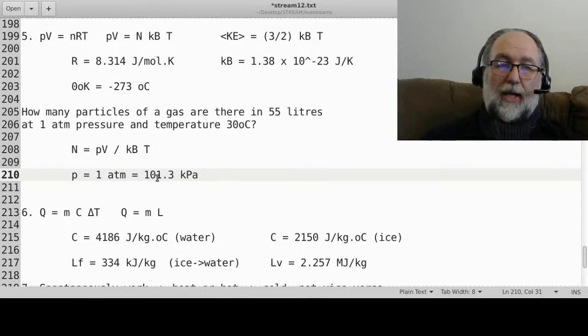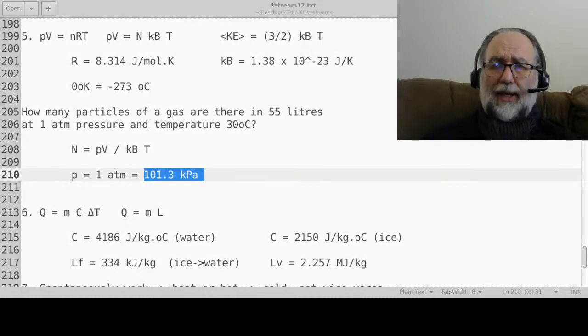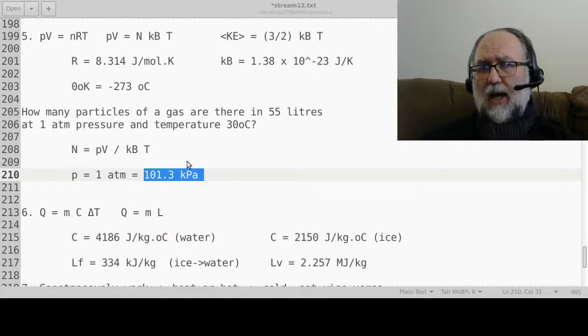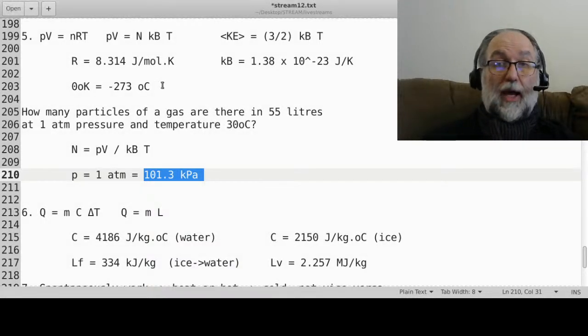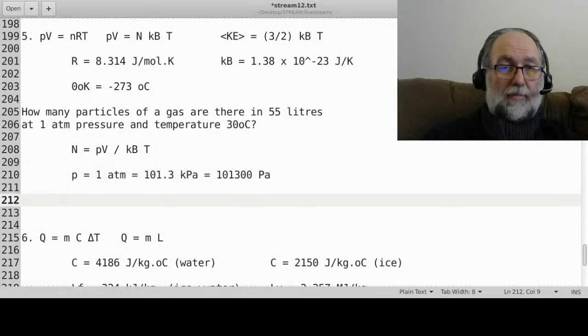That's not MKS yet. Pascals is MKS, it's the kilo that's the problem. This is just the way it's usually written in the notes, or if you Google it online, but we have to work in pascals. So that would be 101,300 pascals. Okay, so there's 1 atmosphere.